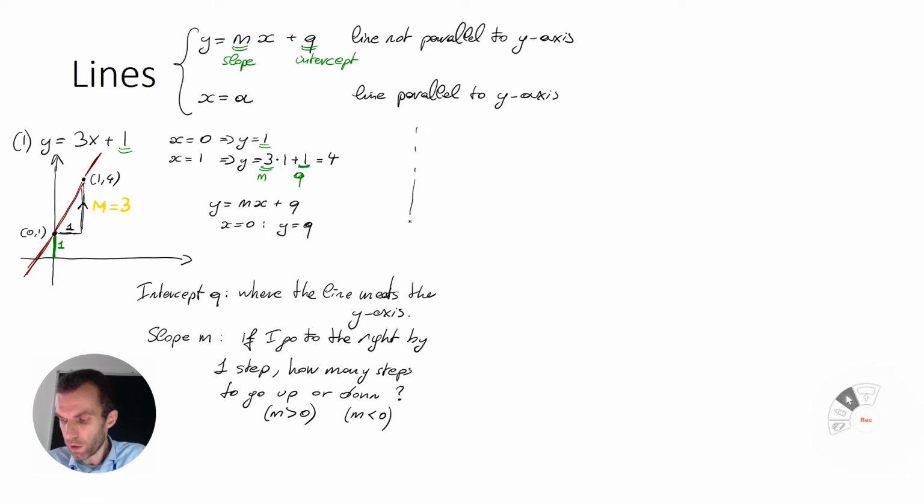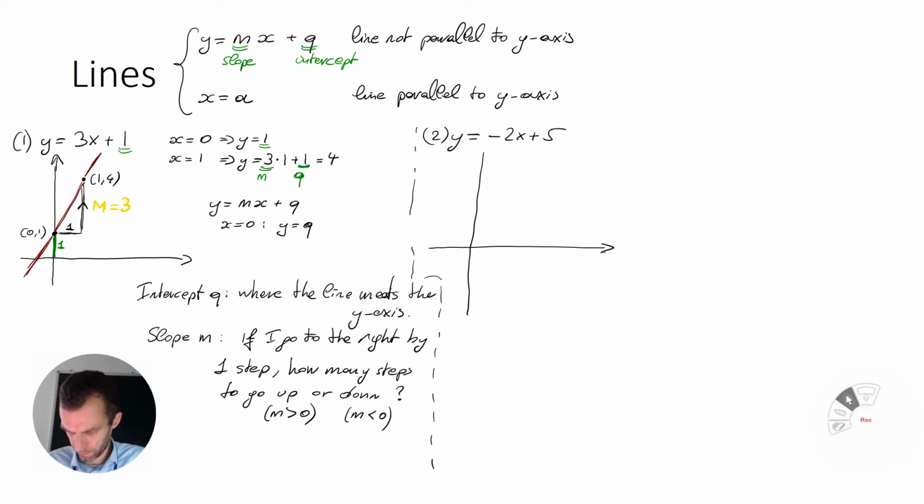So let's look at another example here. For the second example, we'll take y equal to minus 2 times x plus 5. I know my intercept is 5, so that line is going to meet the y-axis in the point with coordinates (0, 5). And now the intercept is 5, and the slope is minus 2.